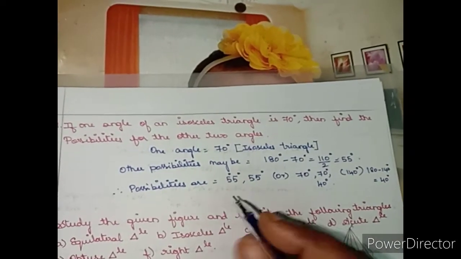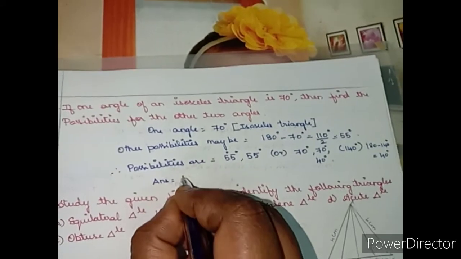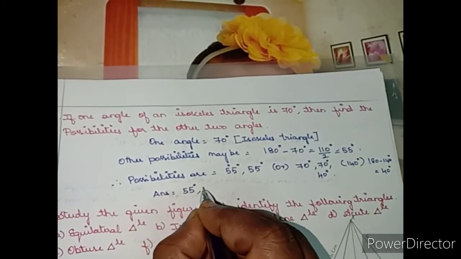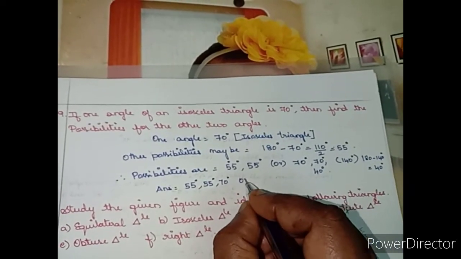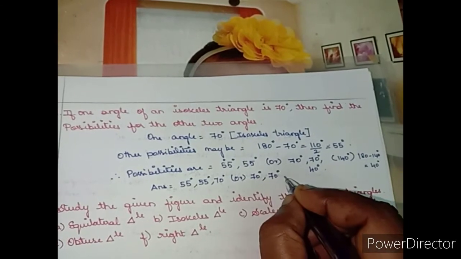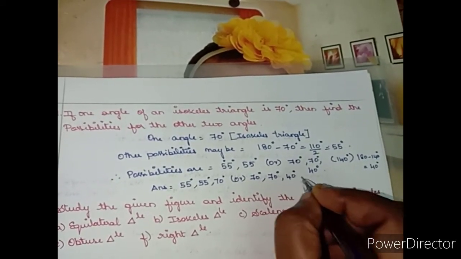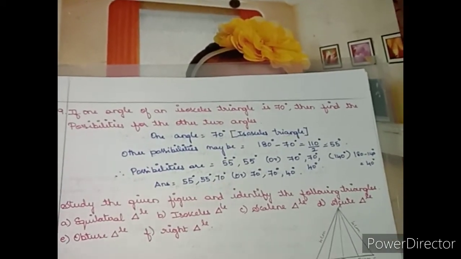Okay. So what are the possibilities? So what is the answer? It may be 55 degrees, 55 degrees and 70 degrees, or 70 degrees, 70 degrees and 40 degrees. Okay, we'll move to the next question.